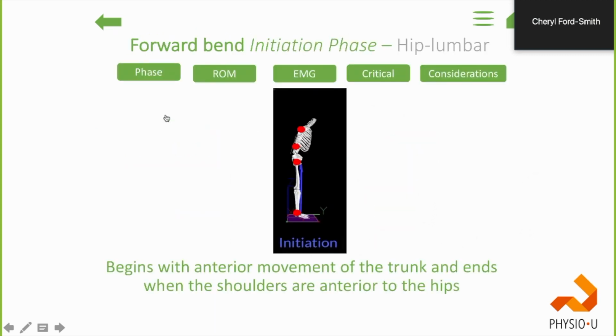So if you go to the phases of forward bend, and this is hip-lumbar, meaning the optimal hip and lumbar ratio, we basically stopped the videos at certain points and said, I think this really is the initiation of forward bend, and this is what we would tell students to look for. It begins with the anterior movement of the trunk and ends when the shoulders are anterior to the hips.